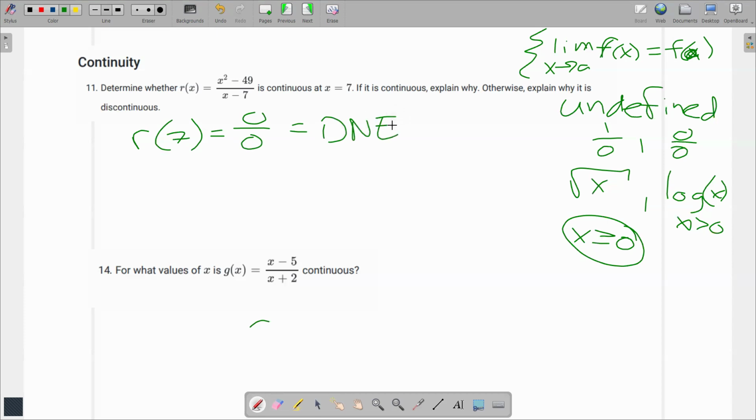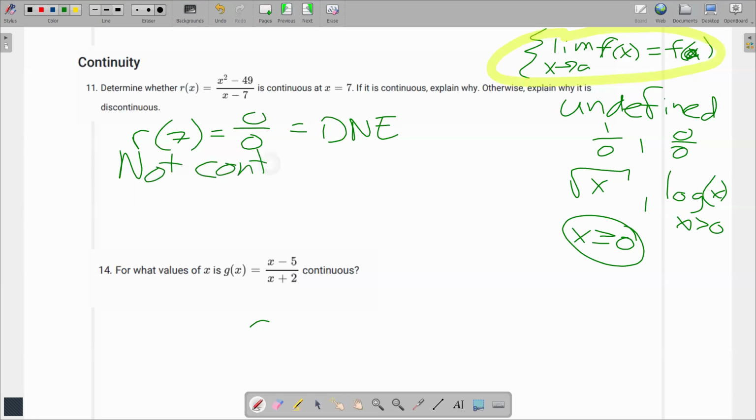But let's look at the definition of continuity, though. What does the definition of continuity say? It says the limit has to equal the function value. Do we have a function value? No. So right away, without even doing anything else, we can say this is not continuous at 7. That's it.